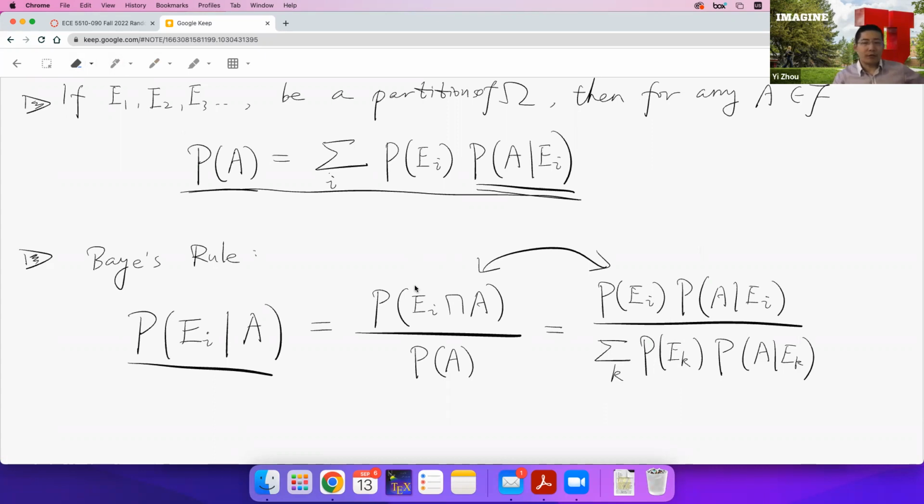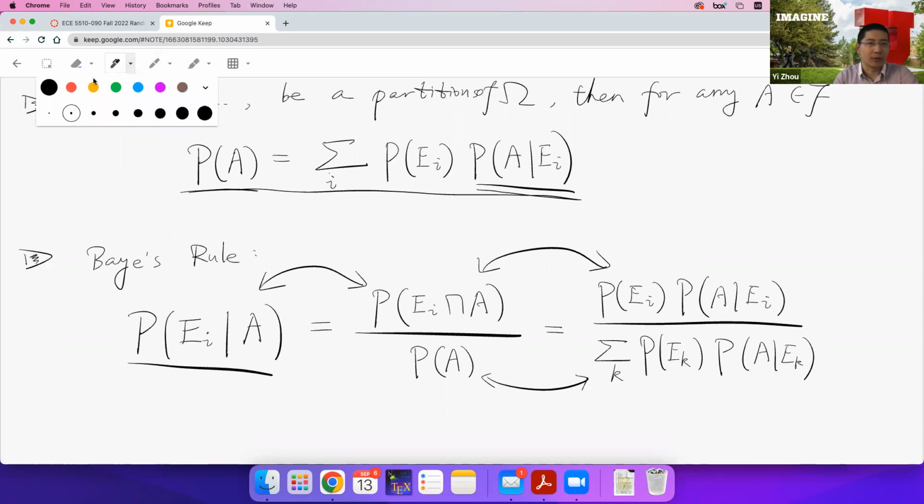So everything here is based on the definition of conditional probability. And for the numerator, we still apply the definition of conditional probability. For the denominator, we apply this partition lemma. Now, in the end, this is called the Bayes rule in the probability theory.